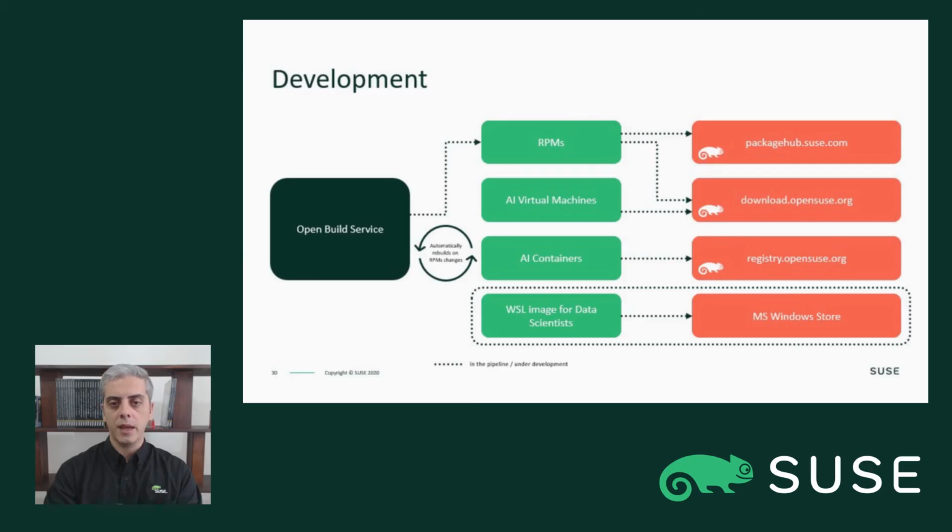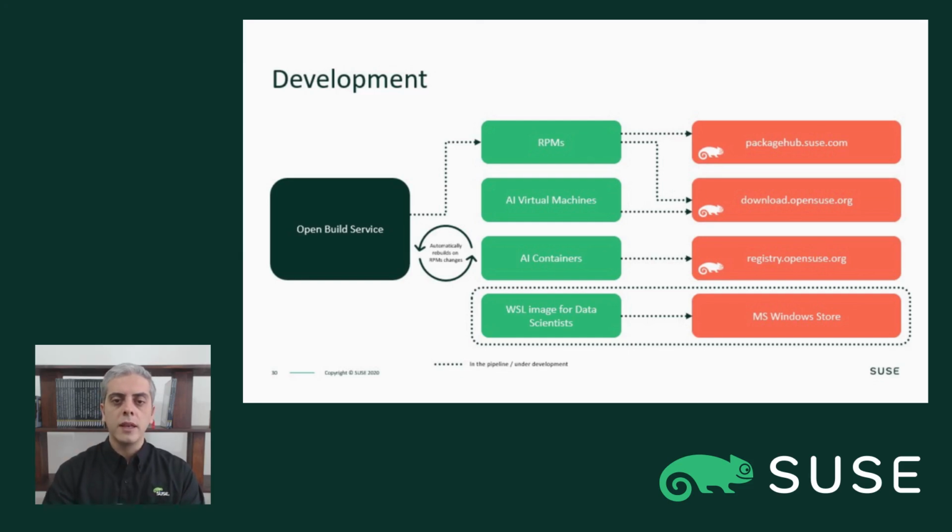Well, it is all done via the Open Build Service, which is offering not only capabilities to build and test RPMs, but also to leverage those foundational building blocks to create derived artifacts. In this case, as I mentioned before, they are represented by the DSVM, so the data scientist virtual machines, the containers, and hopefully very soon a custom WSL image for data scientists.